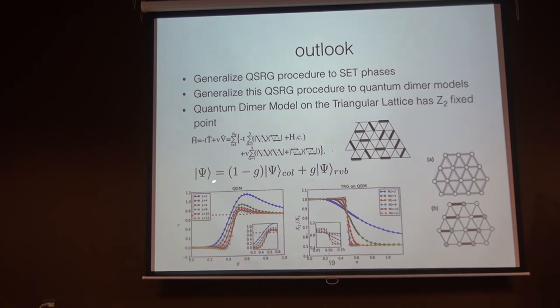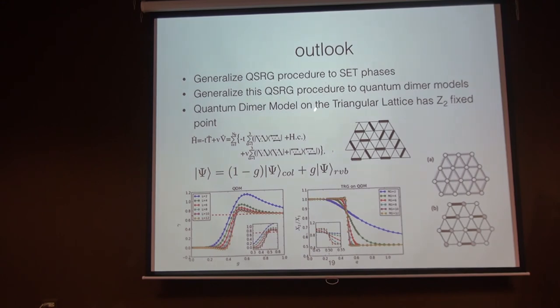And this one is just a simple calculation. I start from some trial wave function. It's the RVB phase and the Coulomb phase. The RVB phase is the equal weight superposition of all possible configurations of dimers. And then when we tune the parameter g, we can find a phase transition from the trivial state to the Z2 topological order phase.